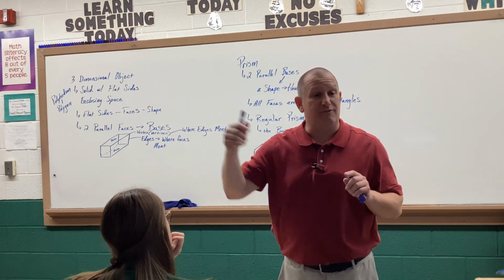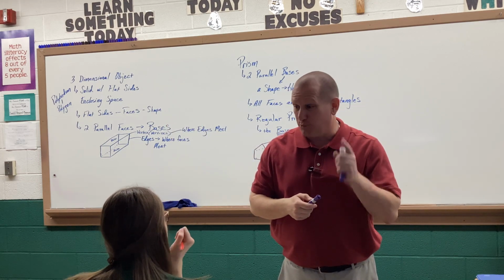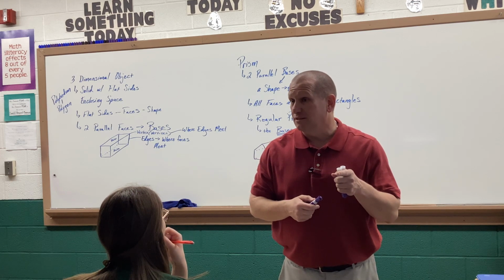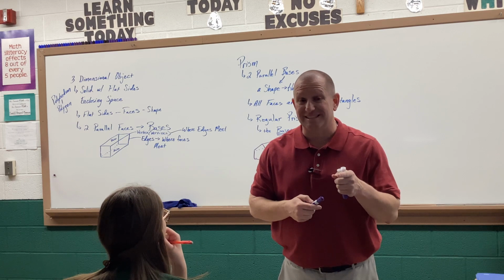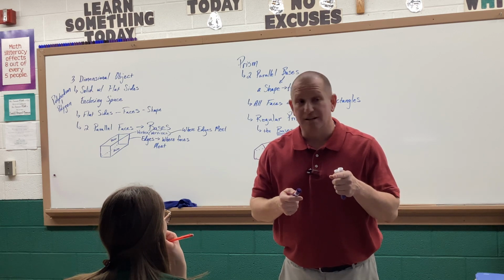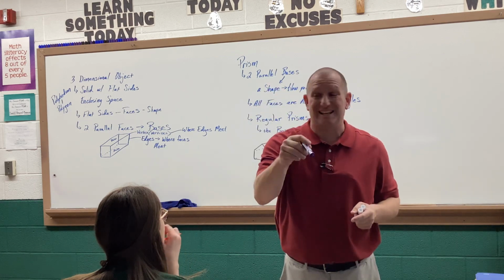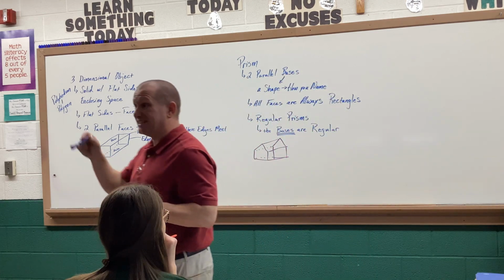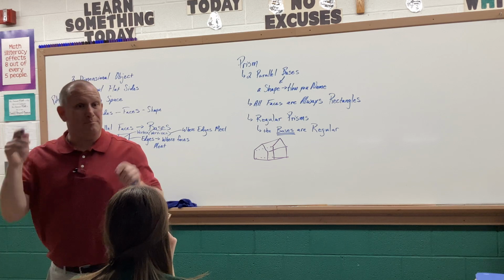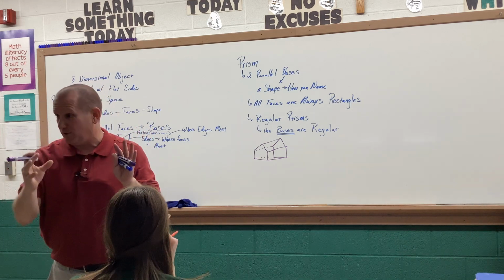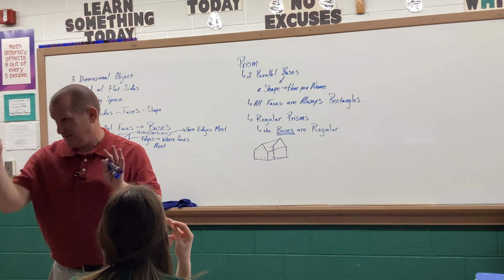My bases have to be what shape? Square. It has to be a square. If it's a regular rectangular prism, my bases have to be squares, because that's the only rectangle that's perfect on every side. Make sense?